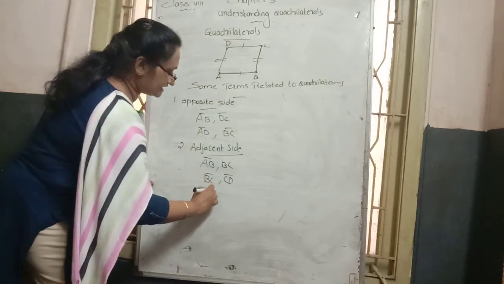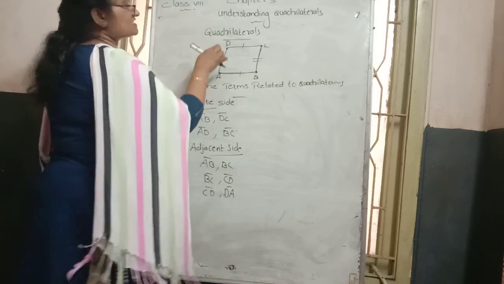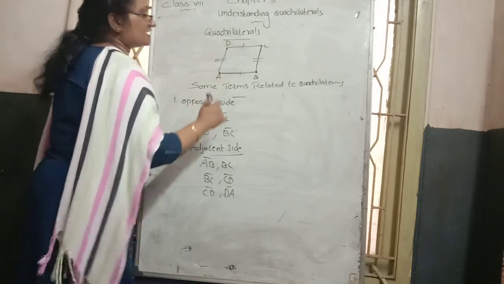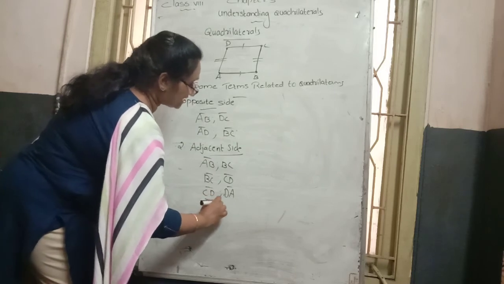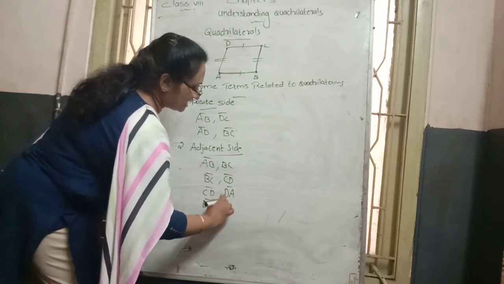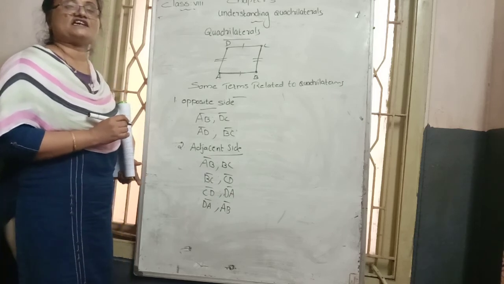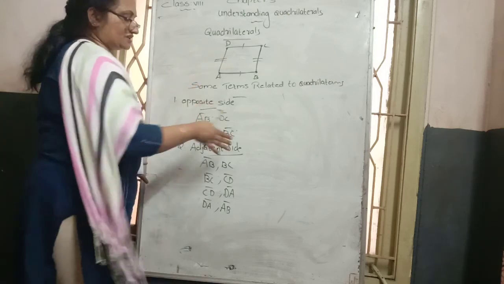Then CD and DA, with D as the common point. Next DA and AB, with A as the common point. So we can write 4 pairs of adjacent sides in a quadrilateral.